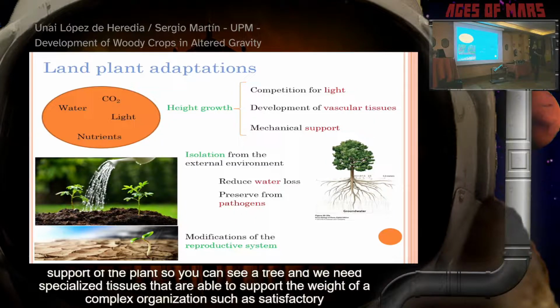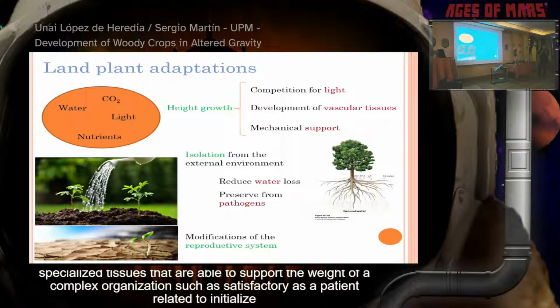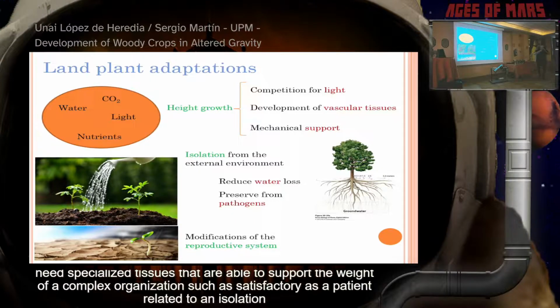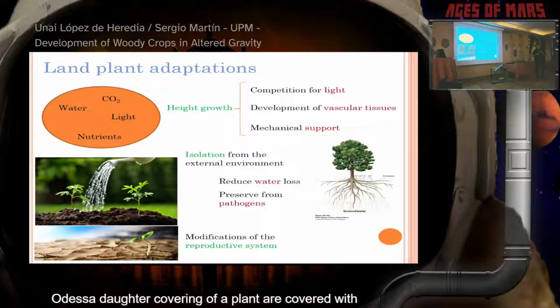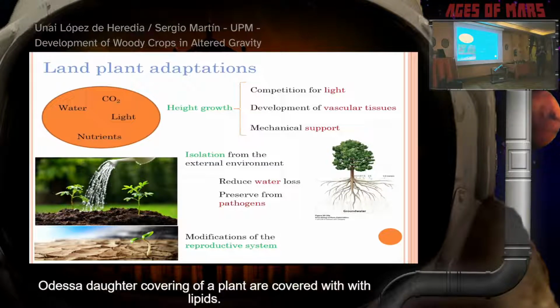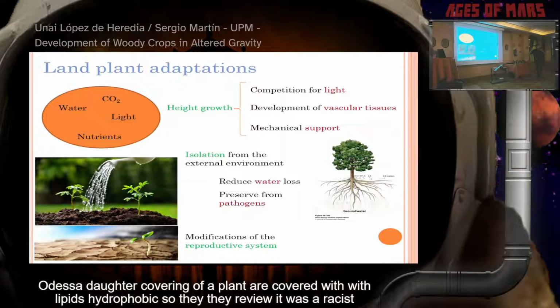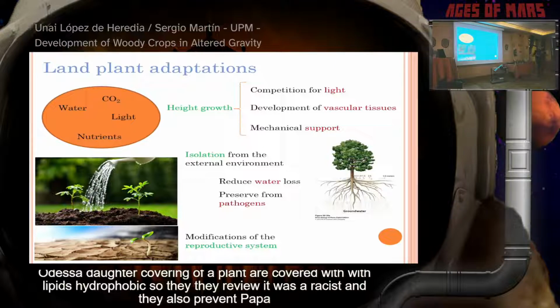They also incorporated some adaptations related to isolation from a dry environment. Most of the cells that are covering a plant are covered with lipids that are hydrophobic, so they reduce water losses, and they also prevent the attack of pathogens, like fungi or insects or whatever.